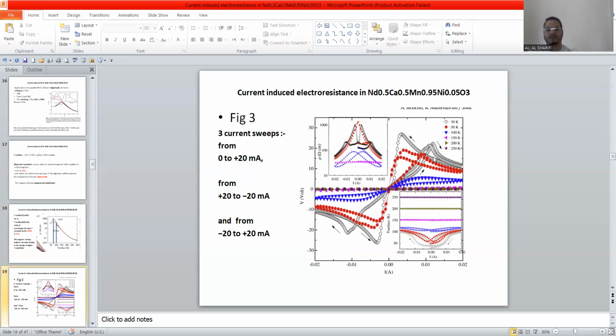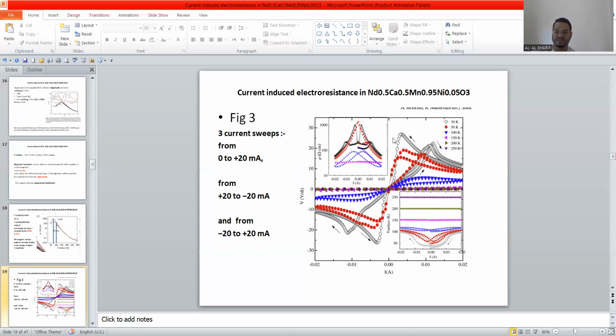Here it's an important plot. Actually, the scientists plotted this diagram by plotting the IV curve and these different curves, the butterfly curves, between reverse current and positive current by using three different ranges of current: 0 to 20 milliampere, minus 20 milliampere to 20 milliampere, and after that from positive 20 milliampere to minus 20 milliampere.